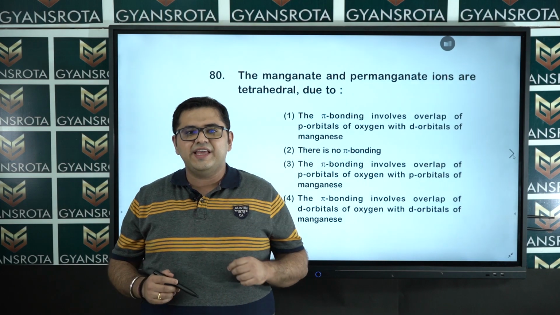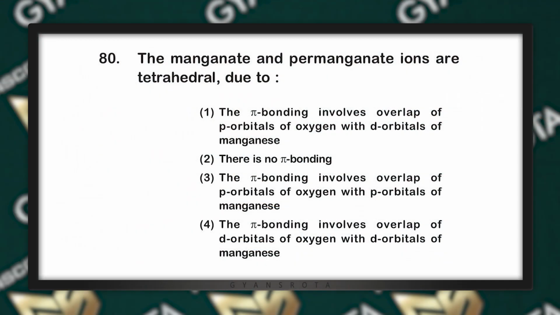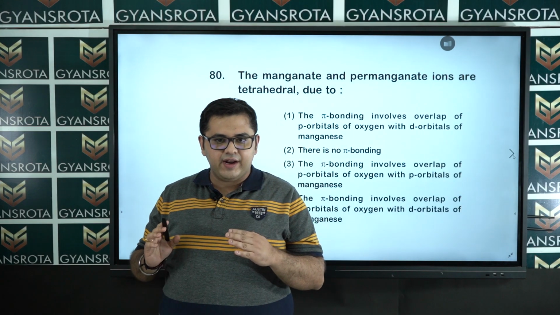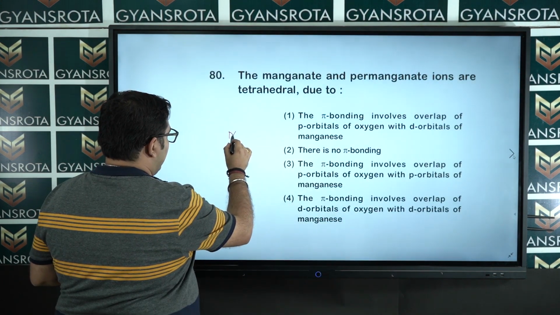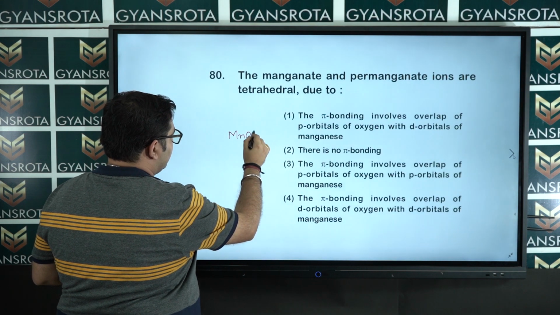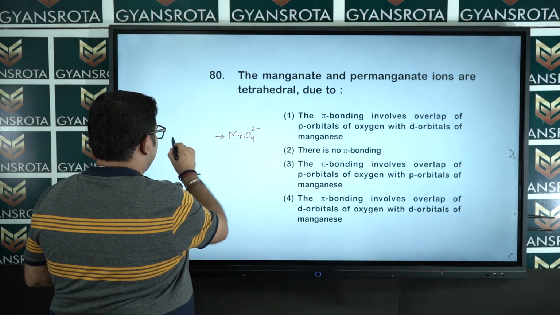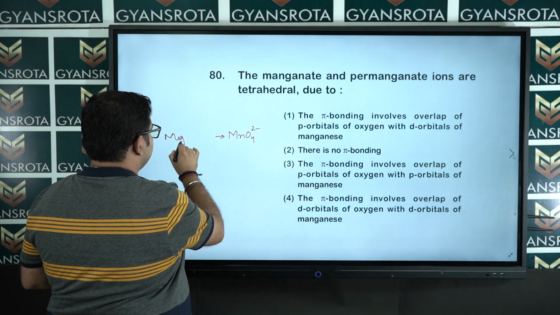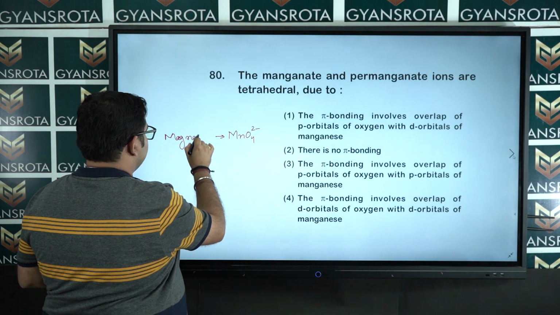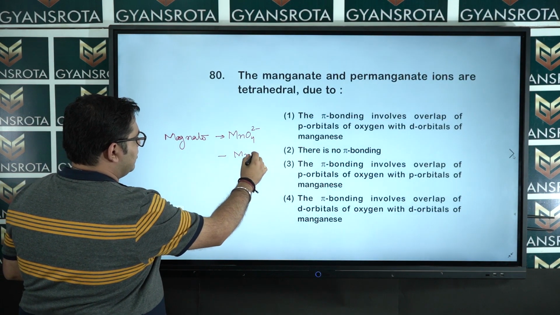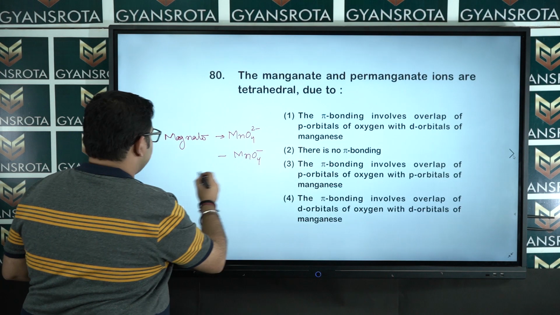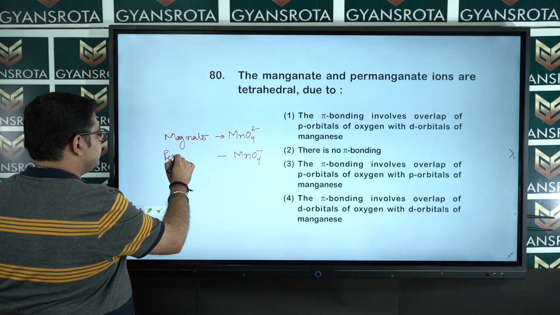Question number 80 is given on your screen. The manganate and the permanganate ions are tetrahedral due to. First we have to see what is the manganate and what is the permanganate ion. MnO4 2 minus is your manganate, and MnO4 minus is your permanganate.